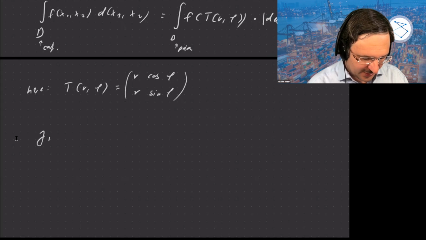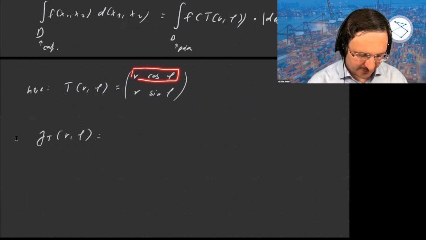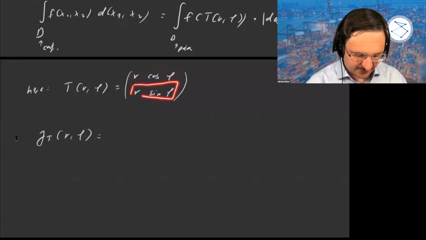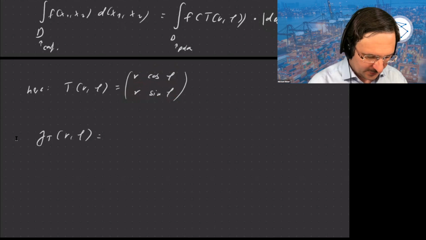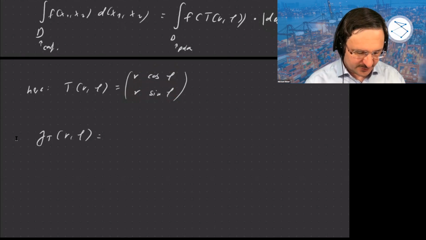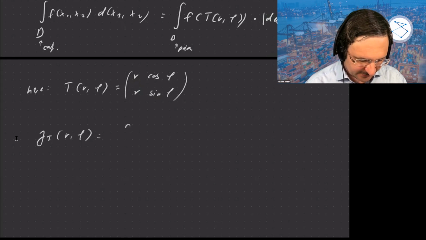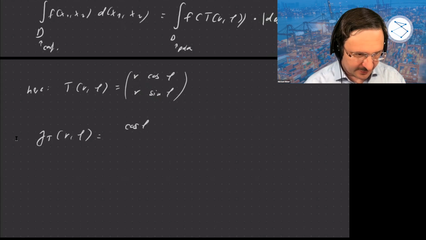Okay, so just to see how this would work, to compute the Jacobian, what we do is we compute the partial derivatives of this and this row with respect to r and with respect to phi. So differentiating with respect to r yields cosine of phi in row 1 and sine of phi in row 2.